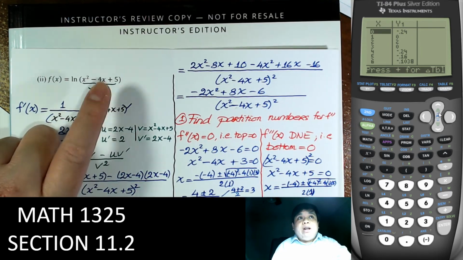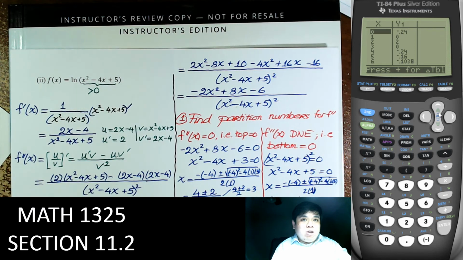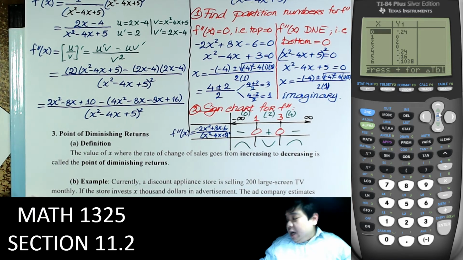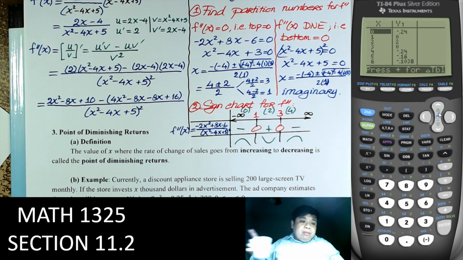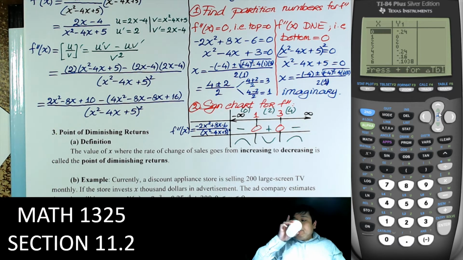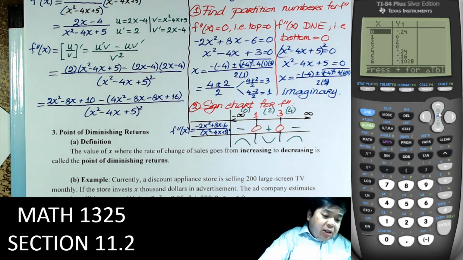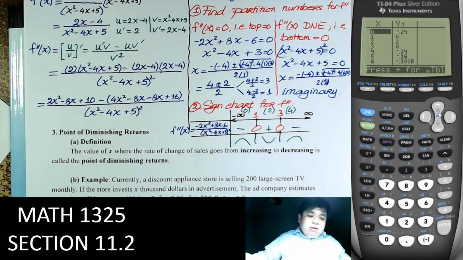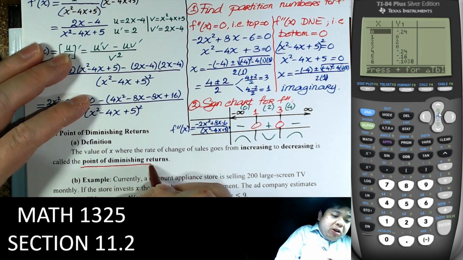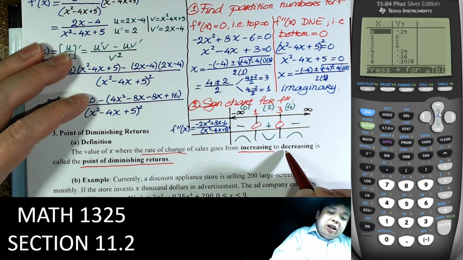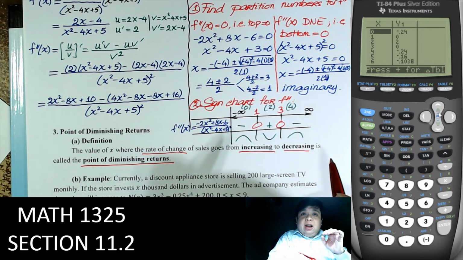The function is always defined because the argument of the log is positive. We did check that. Right. The last part of the section is the point of diminishing returns. It is defined to be the point where the rate of change, which is the derivative, goes from increasing to decreasing. The derivative is increasing, so that is concave up, and then concave down.